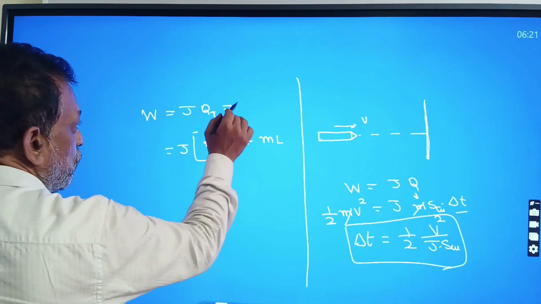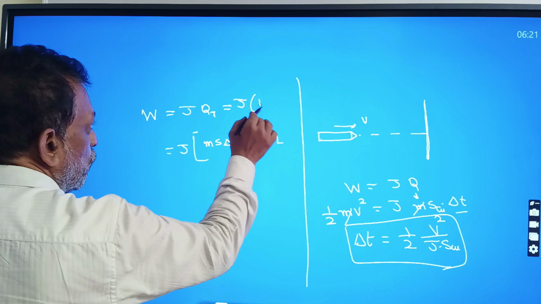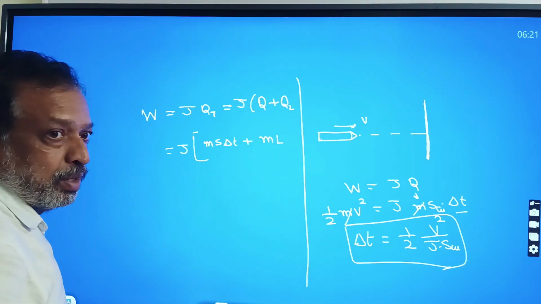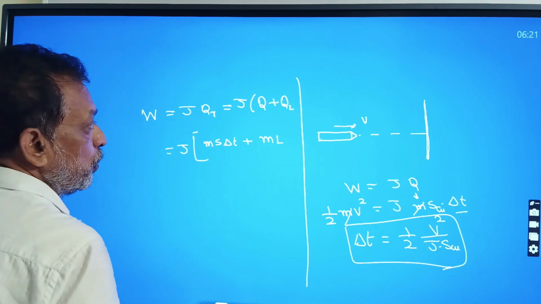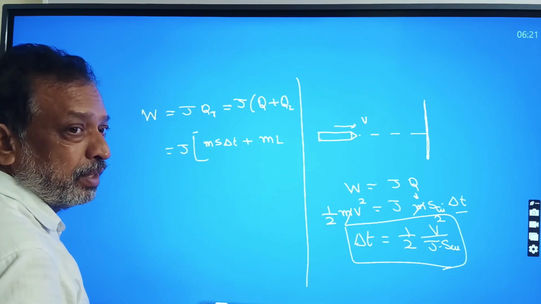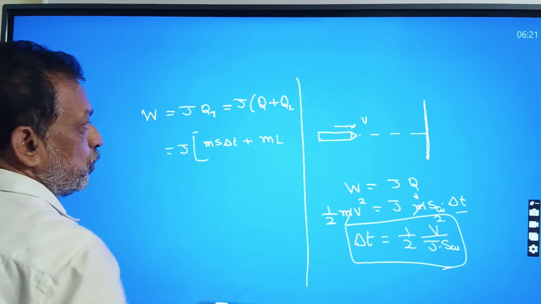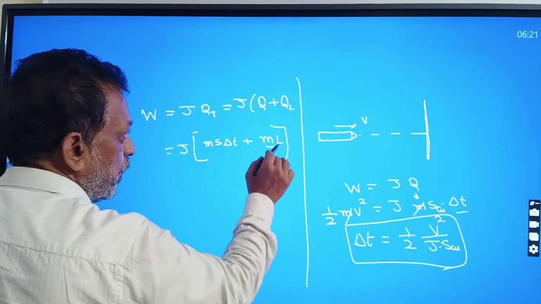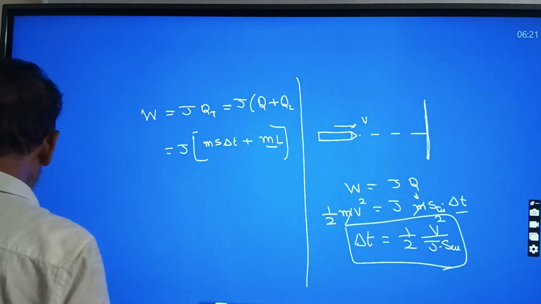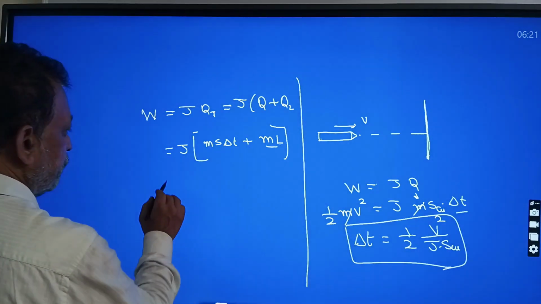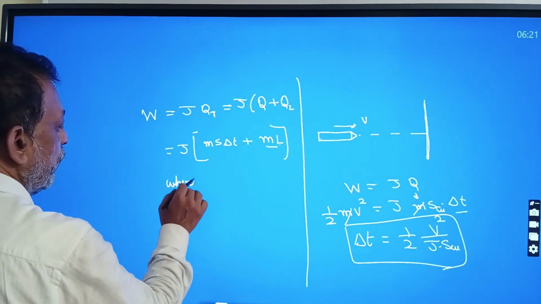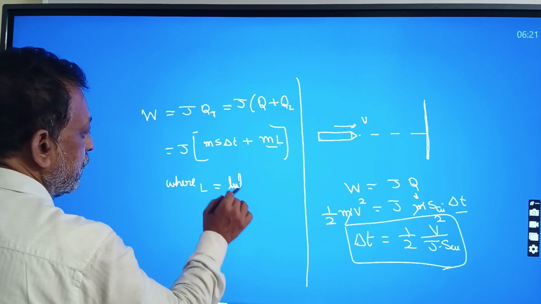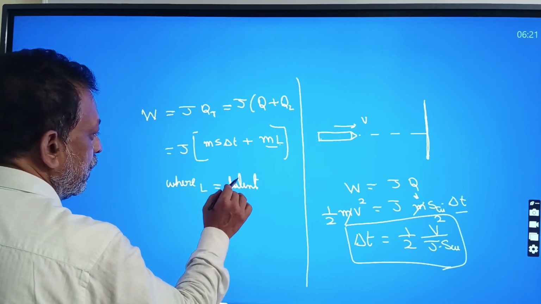Otherwise, this is equal to J into Q plus latent heat. Q is equal to latent heat, so latent heat is this much. We call this solid to liquid conversion. Now everything else remains the same. Here L is equal to latent heat.